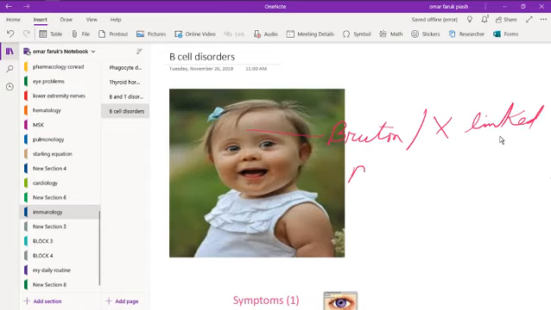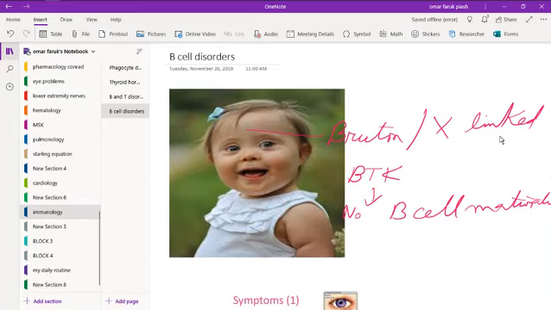Here there is a defect in the BTK gene, so there is no B cell formation and no B cell maturation. We know that B cells are converted into plasma cells, and plasma cells make antibodies.